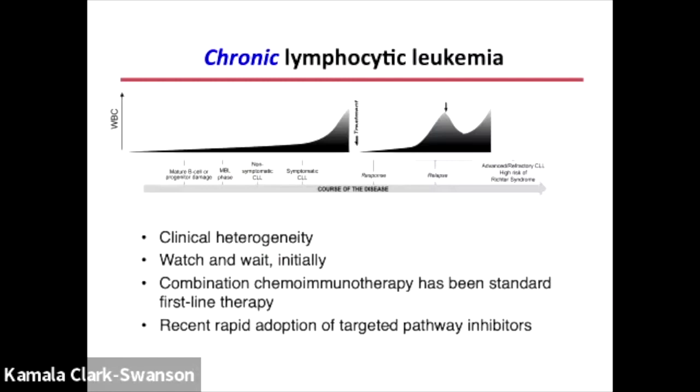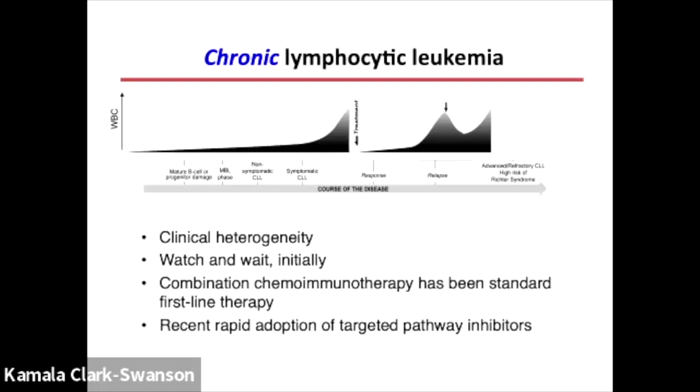CLL is a B-cell malignancy, and it's a relatively common leukemia that happens typically in older adults. It is a peculiar type of cancer because in many patients, the treatment is withheld until the patients develop symptoms.